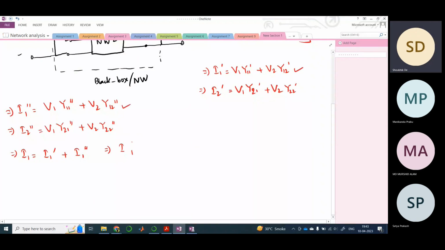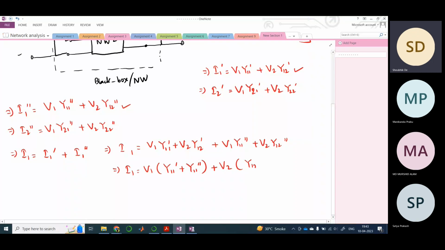So I1 equals V1 y11 dash plus V2 y12 dash, and again V1 y11 double dash plus V2 y12 double dash, right? Now if we take V1 common, because it's a parallel connection and it's the same voltage, it's something like this. And V2 would be what? y12 dash plus y12 double dash.